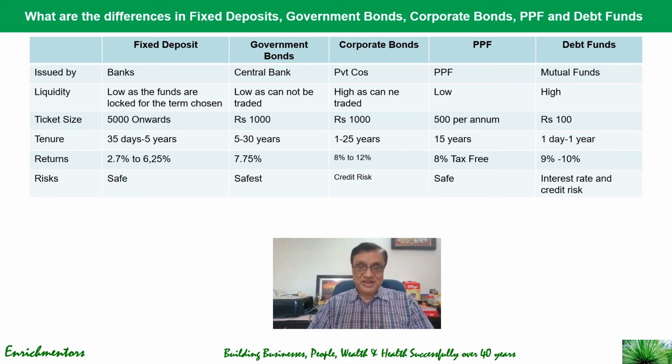Corporate bonds have a credit risk as well as market risk and interest risk because your money can get lost if the company where the bond is invested goes bust. PPF again is very safe because it's for retirement funds, and debt funds carry interest rate, credit and market risk. So these are the variety of features that you see of these fixed income assets.